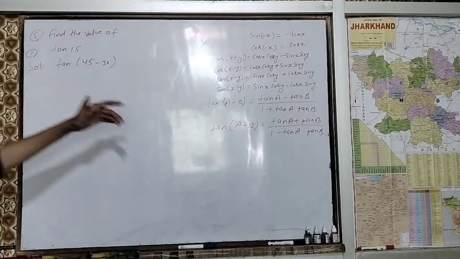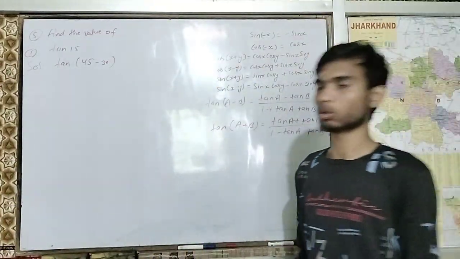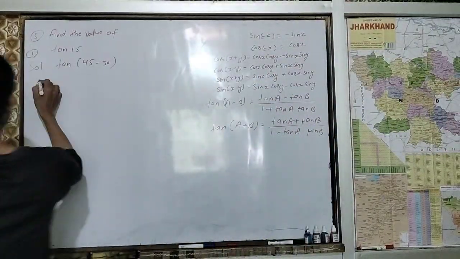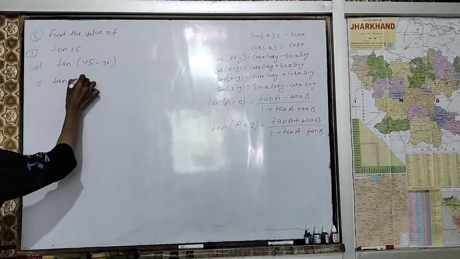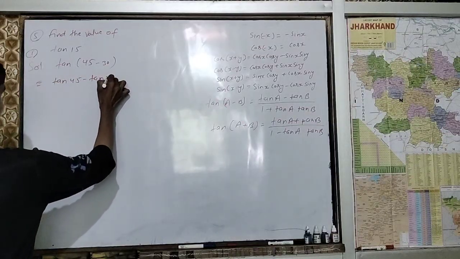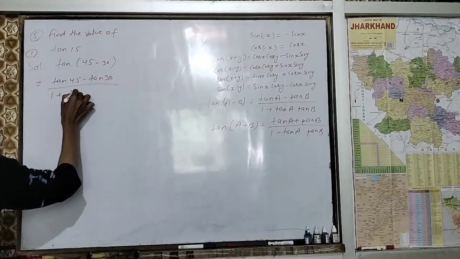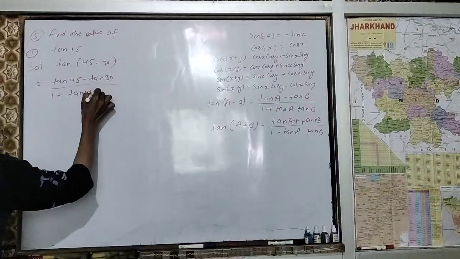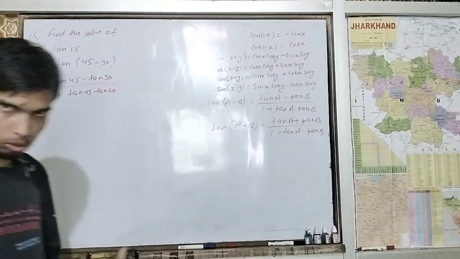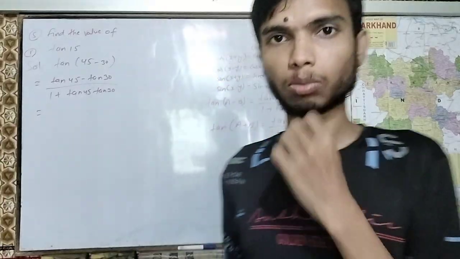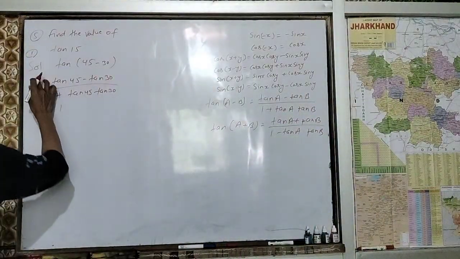We know tan A minus tan B upon 1 plus tan into tan. So next step: tan 45 minus tan 30 upon 1 plus tan 45 into tan 30. Clear? Now whatever values you know, you can substitute. Tan 45 is 1.